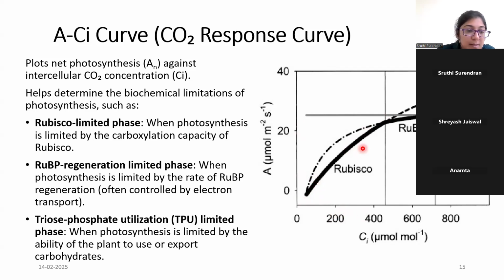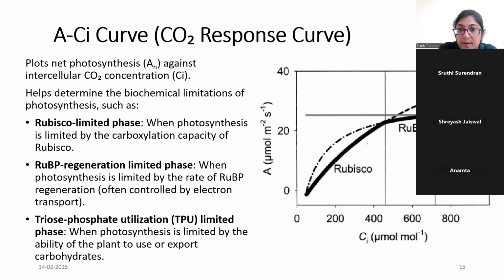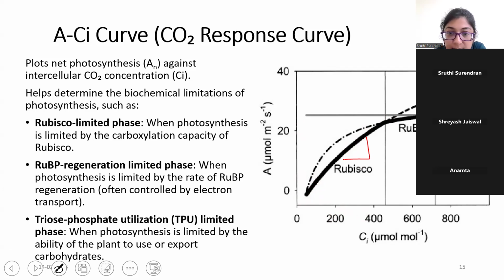We know that slope value is always change in y-axis by change in x-axis. So if the value of the slope is high, the curve is going to look something like this. Now, if the value of the slope is less, it will be a very flattened type of a curve.